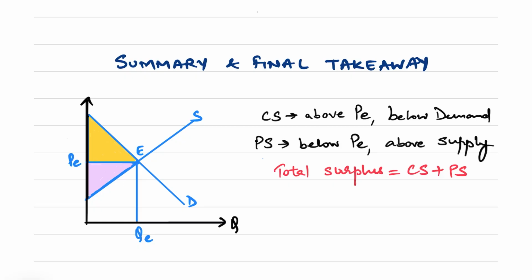Our diagram also showed how both buyers and sellers gain at the same equilibrium price PE, and how these gains appear as two triangles, CS and PS. So, whether you are studying for IGCSE, A level, AP, or any competitive exam, understanding this diagram clearly makes these questions very easy to score.